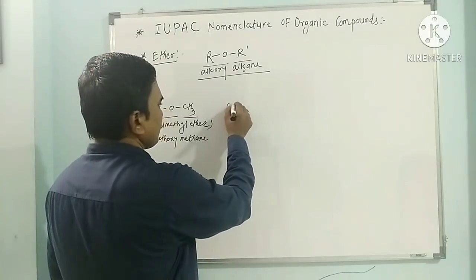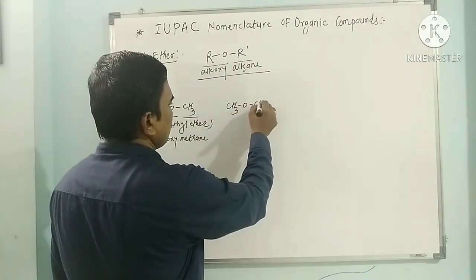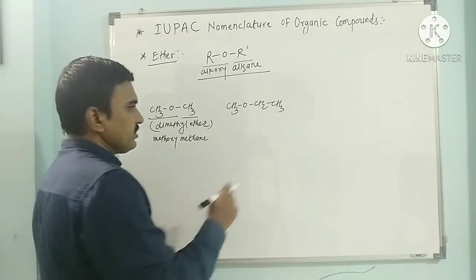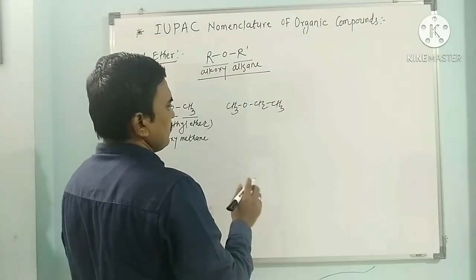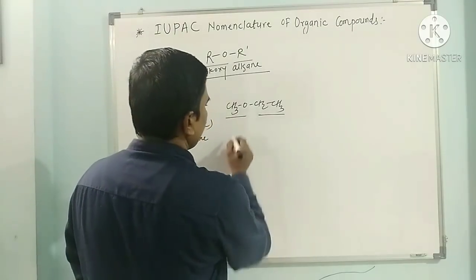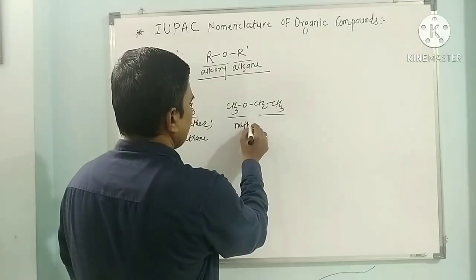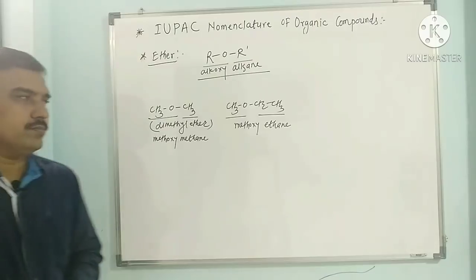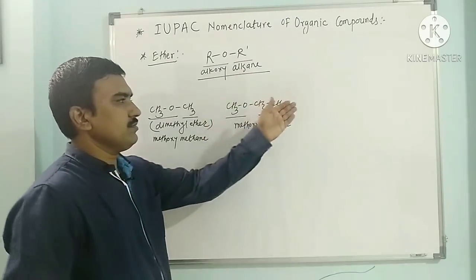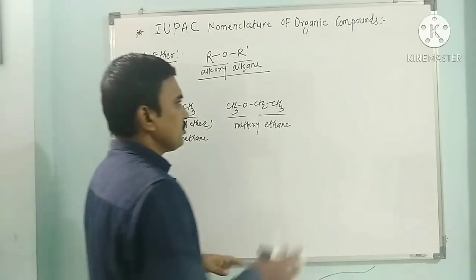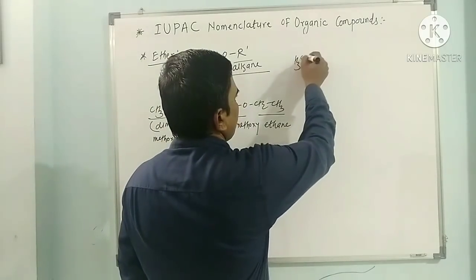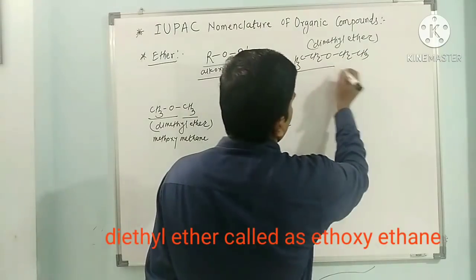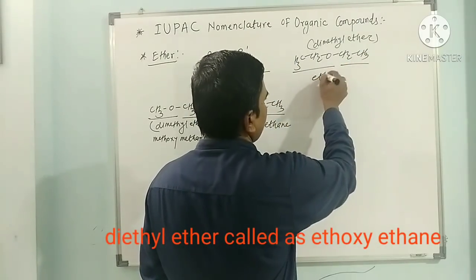If I have CH3OCH2CH3, now here it is unsymmetrical. It is commonly called ethyl methyl ether. But here this methoxy is attached to ethane. So this is methoxyethane. If we have ethyl group to both sides of oxygen, CH3CH2OCH2CH3, ethoxyethane.